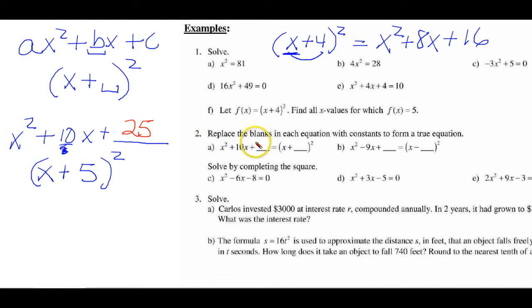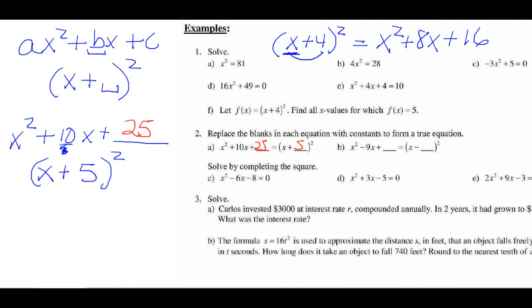So here they want us to put a 25, and they want us to put a 5 there. Now, I'm going to strongly suggest that as you do these, you follow this protocol, write it out this way, and then underneath you put your parenthesis in the square.